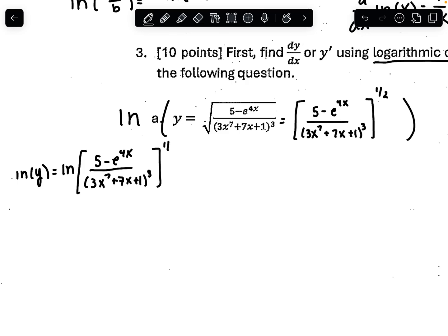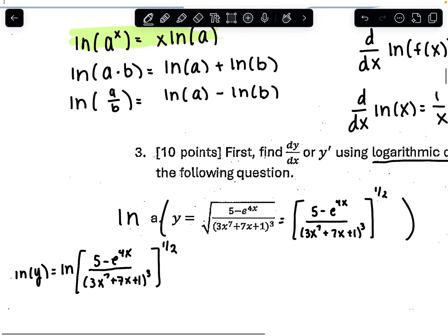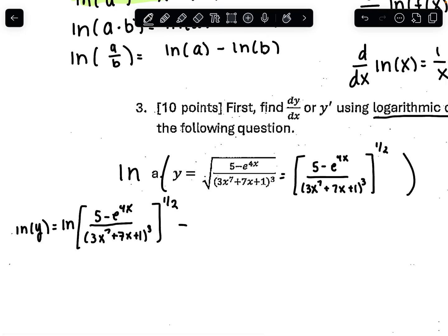Like I said, let's use this green rule first and bring the 1/2 out in front. So we'll have ln of y is equal to 1/2 ln of this fraction. Remember, I said if we have a fraction in our log, we can break it up by subtracting the numerator and the denominator.